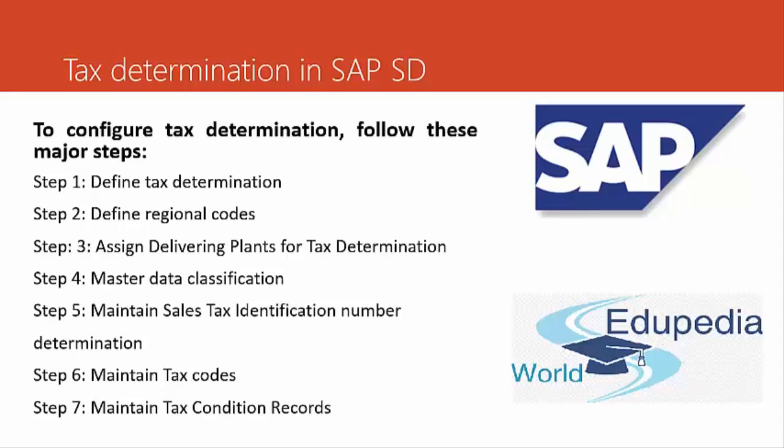We set up master data classification. We maintained sales tax identification number determination. We maintained tax codes. And we maintained tax condition records. So we have successfully defined our tax determination procedure in SAP Sales and Distribution module.